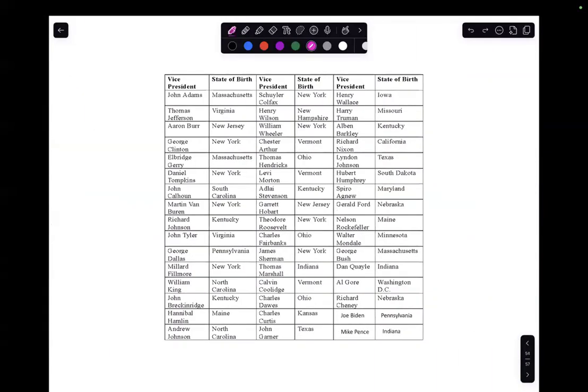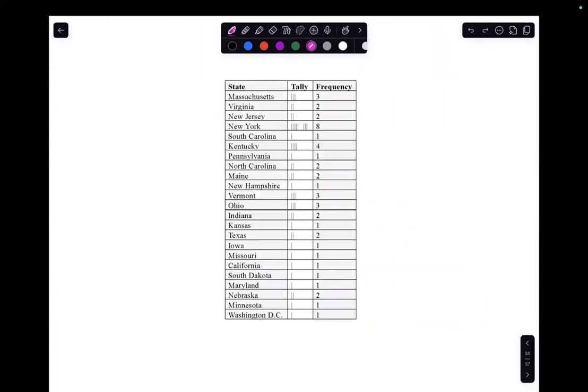Okay. I did not add Kamala Harris and JD Vance here because I have the same length in my rows and I don't want to mess things up. So we're just going down to Mike Pence and calling it good. These are vice presidents and this is where they were born. I took their state of birth on all of them and put them in a frequency table.